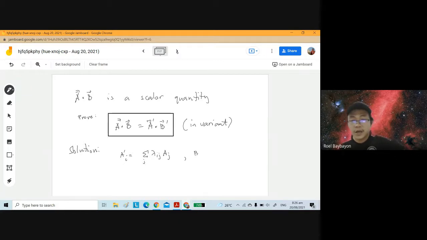For b, I have b prime equal to the summation of, not j but using the tag k, lambda ik bk. Okay? bk. Take note, i, j, k are dummy indices. So we will define the coordinate transformation of a prime and b prime equal to this one.